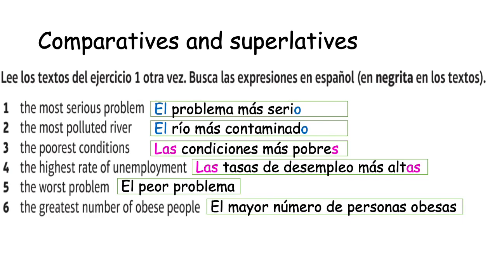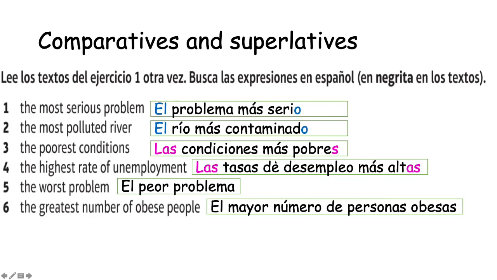Okay, so we did that earlier. So we translated the most serious problem, problema serio, the most polluted river, el río más contaminado. So we saw some comparatives and some superlatives earlier. Just pause the video, have a look to see if you understand that.